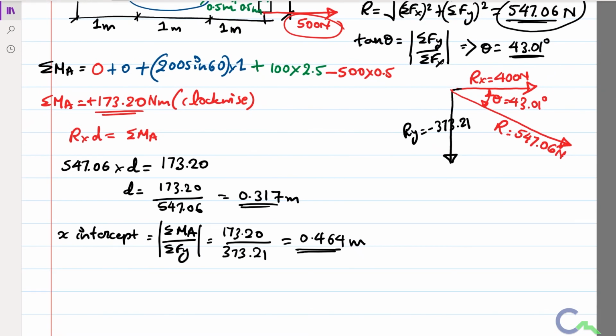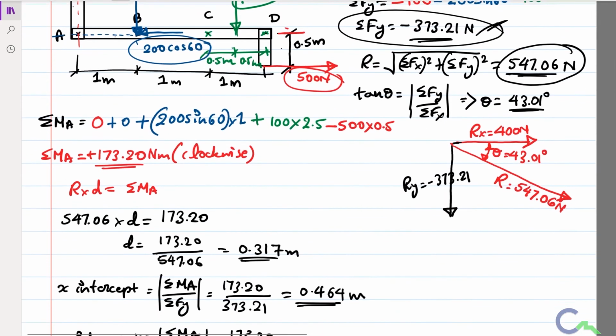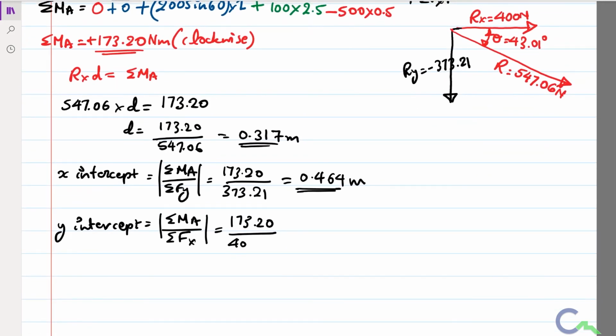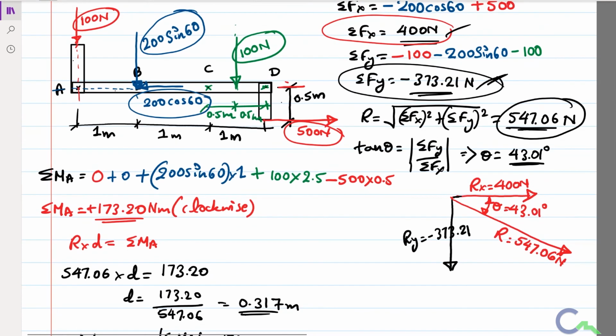The one more value, that is y intercept, formula is sigma MA divided by sigma Fx, it is 173.20. Sigma Fx we got 400. So if I do the calculation, we'll get 0.433 meter.